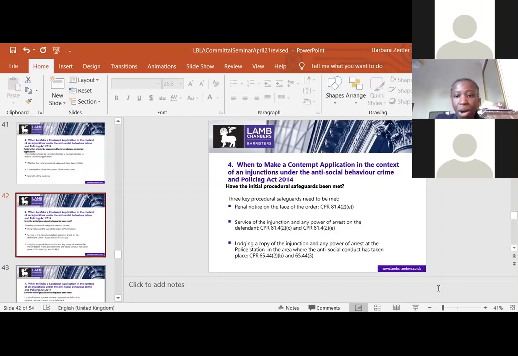The first one I would definitely recommend is ensuring that the actual injunction order carries on its face a penal notice. And that really just sets out clearly to the defendant that if there is a breach, they do face the threat of contempt proceedings being brought against them.